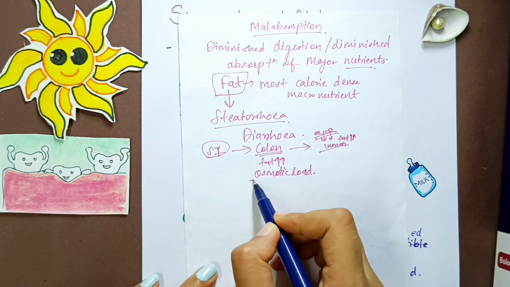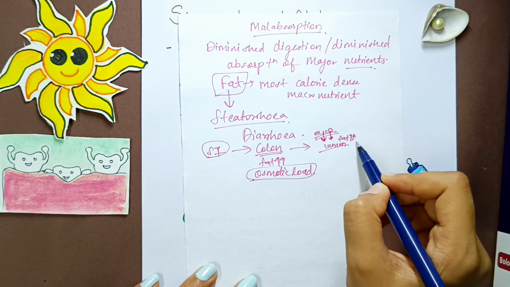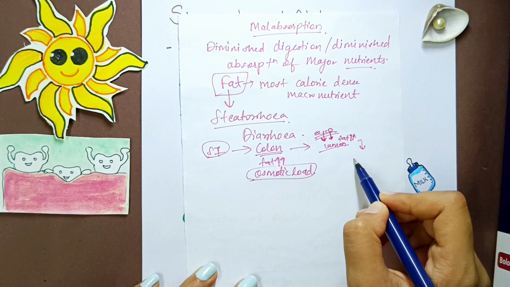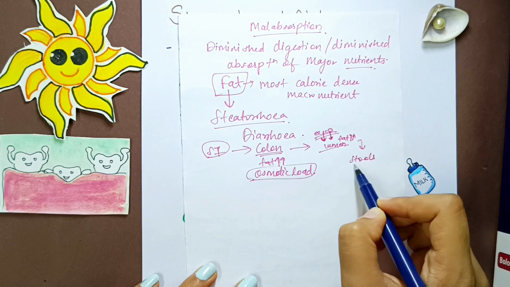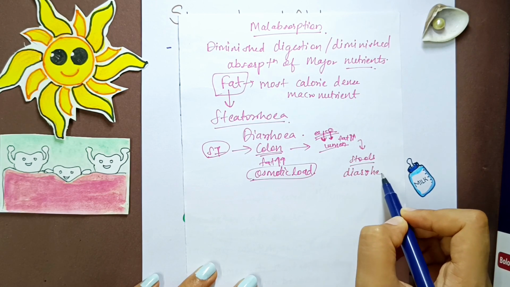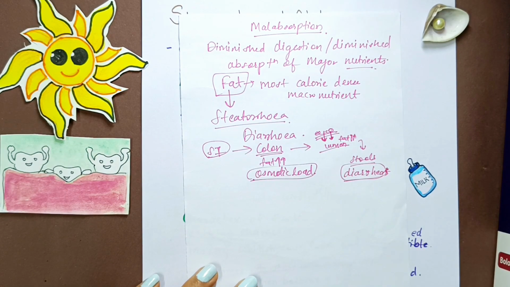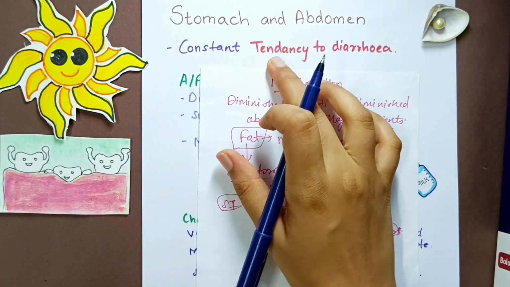To neutralize the osmotic load, more water will be poured into the lumen, which will finally come out through the rectum in the stools. These more watery stools are called diarrhea. That is why Calcarea Carb has a tendency to diarrhea.